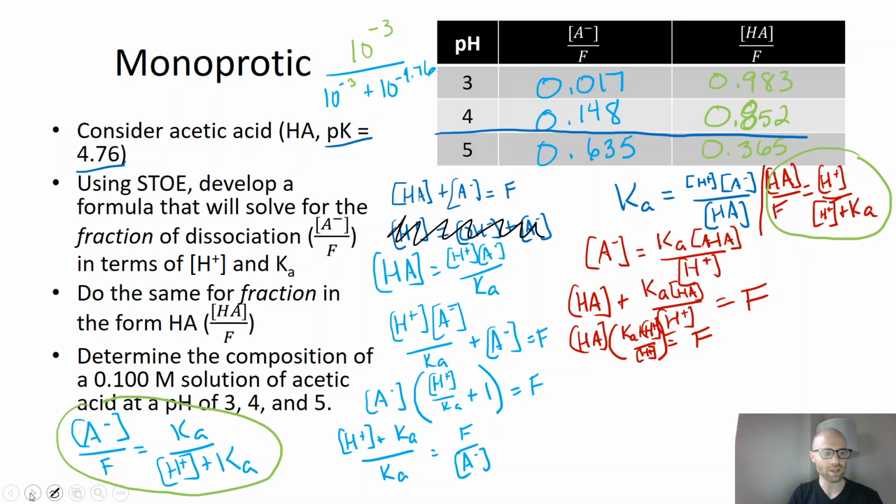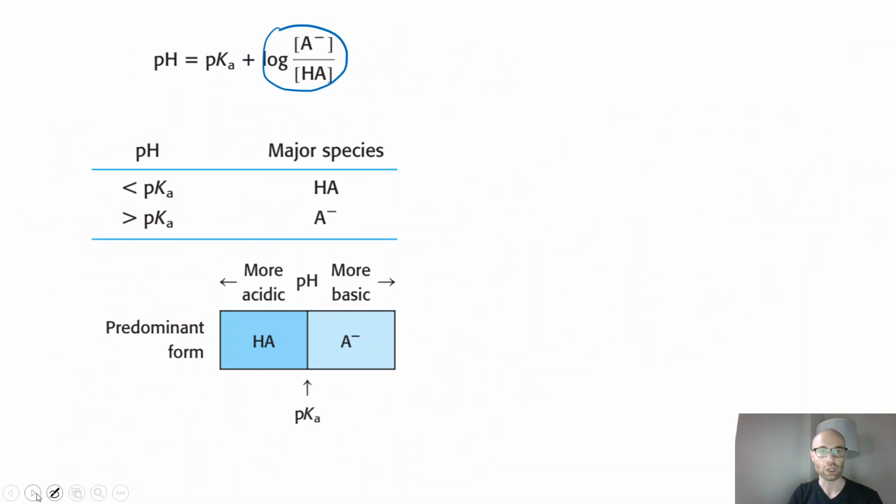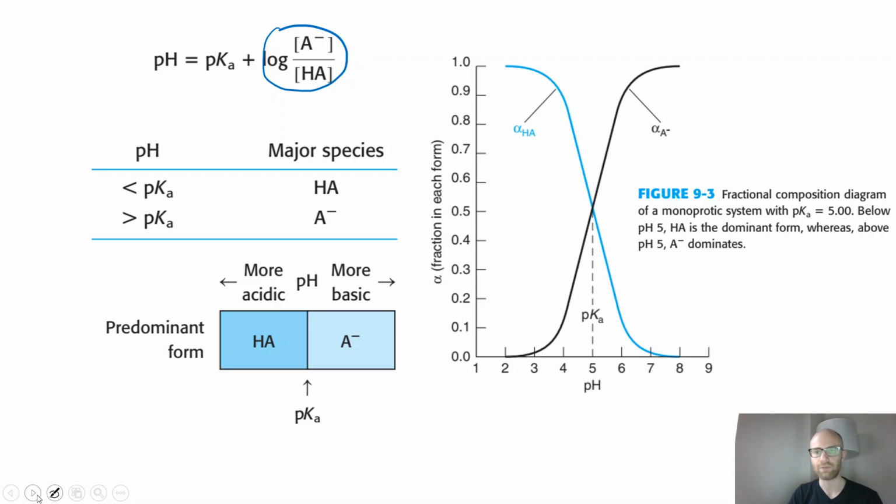So if we were to graph this for a large number of data points, you could probably graph this on your graphing calculator, and the graph would come out looking like this. As you can see, the fraction that is in the A minus form increases as pH increases, and the amount of HA decreases, and the two are equal to each other when pH equals pKa.